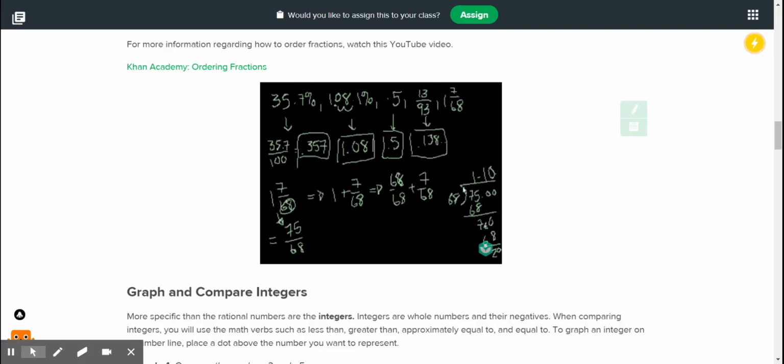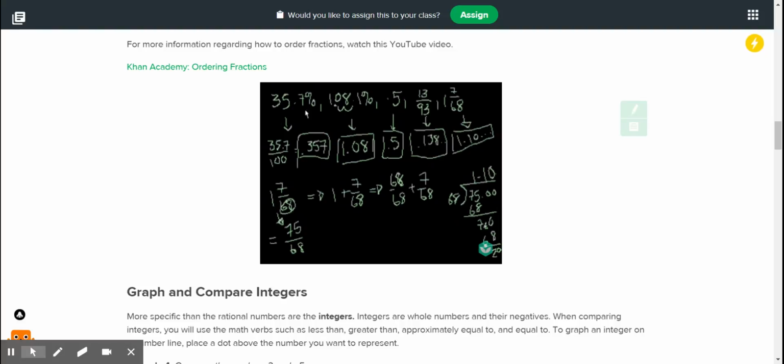But I think we've already, once again, gotten to enough accuracy that we can compare. So 1 and 7/68, we've now figured out, is equal to 1.10. If we kept dividing, we'd keep getting more decimals of accuracy, but I think we're ready to compare. All of these numbers, I just rewrote as decimals.